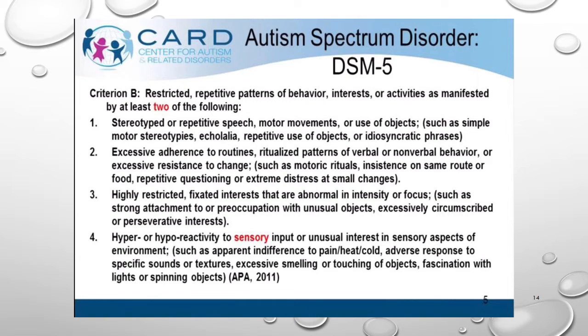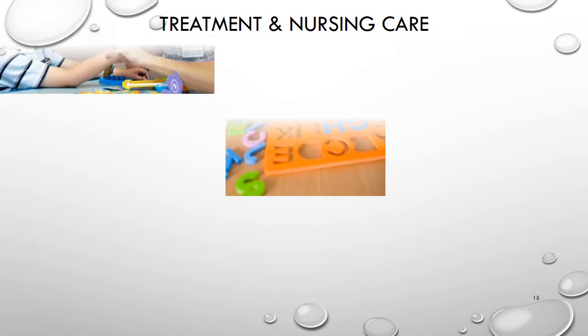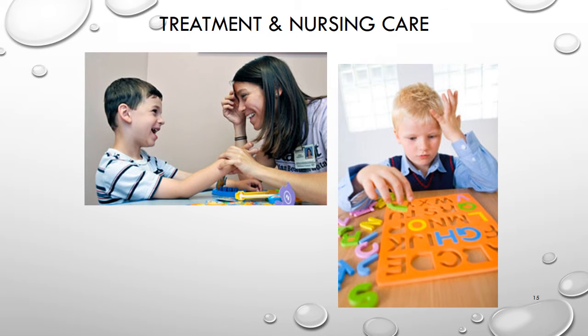Prognosis, it may be a severely incapacitating condition. However, some children improve with speech and language therapy and socialization or communication with others. Treatment and nursing care: numerous therapies used, behavior modification and providing a structured routine can help to decrease the unacceptable behavior.